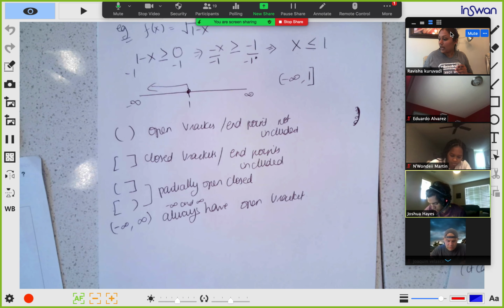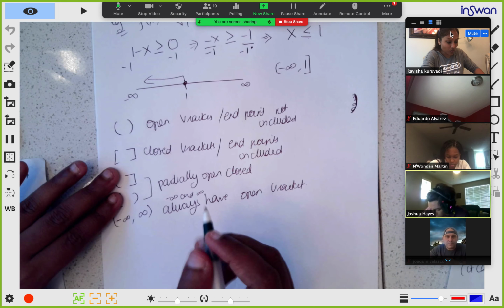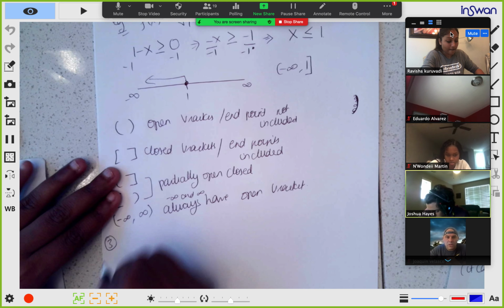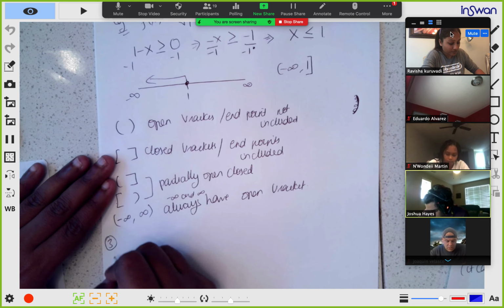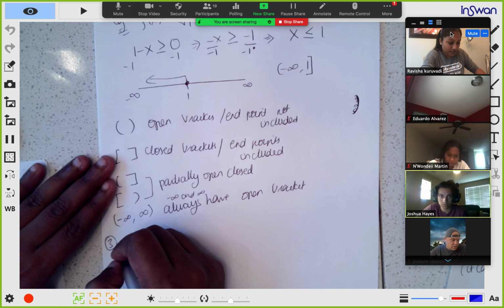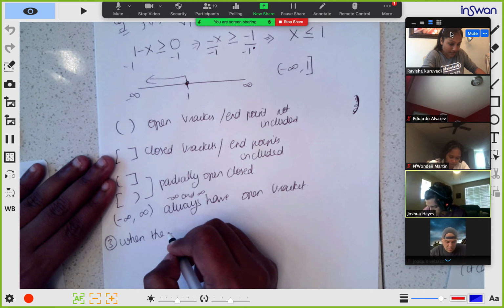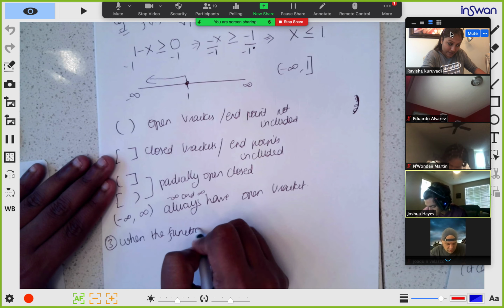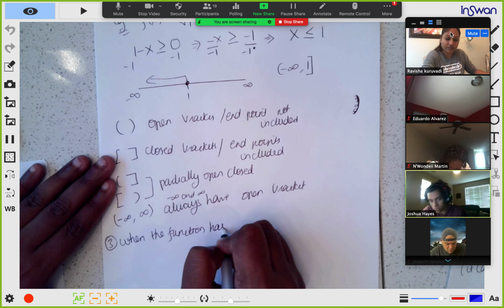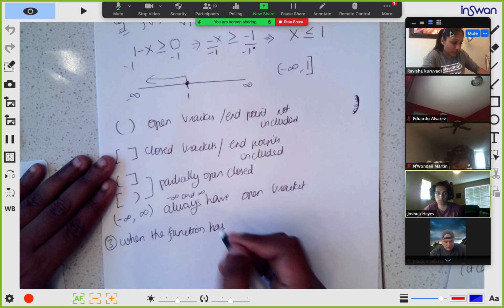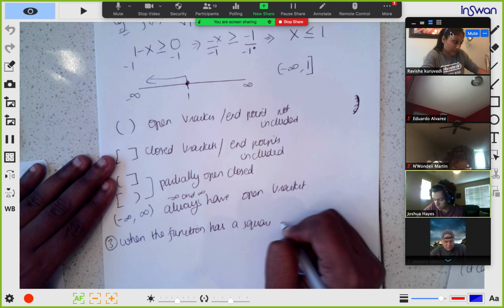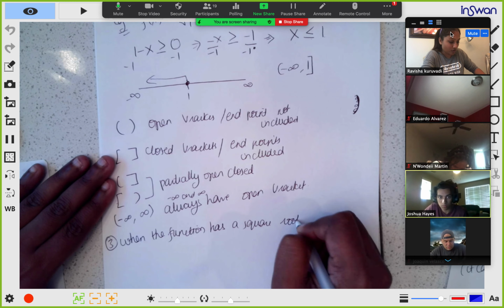Okay. The last kind for this one, domain, is the third type we are doing. Now we have when the function has a square root in the denominator.